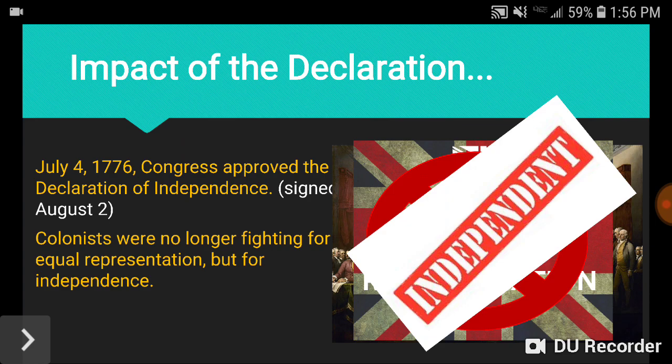If they lost the American Revolution, these individuals that signed the Declaration of Independence would have been killed for treason. And so when we celebrate July 4th and we say, oh, we have our independence, this is awesome, it has more weight to it than I think we sometimes give, because these individuals literally were signing their lives away for the cause of wanting their independence and wanting to be their own governing people, which is crazy to think about.